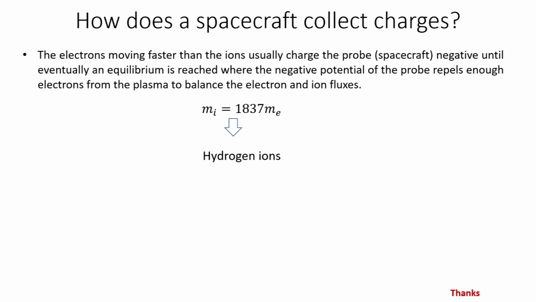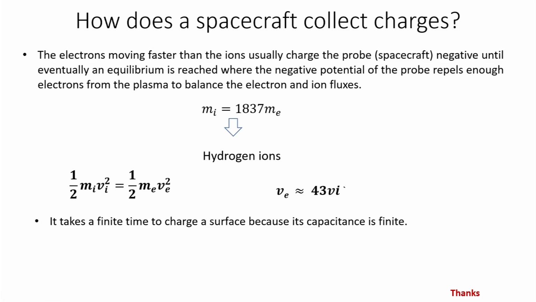But let us consider the case of a hydrogen atom, where the ion mass is 1837 times that of the mass of the electron. If you calculate the thermal energy in terms of the kinetic energy, then you can show that the velocity of the electron is much higher than the velocity of the ion.